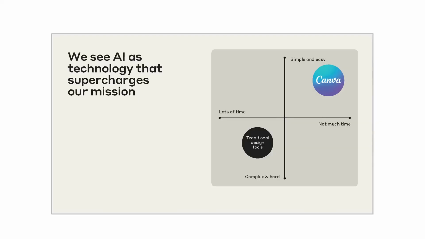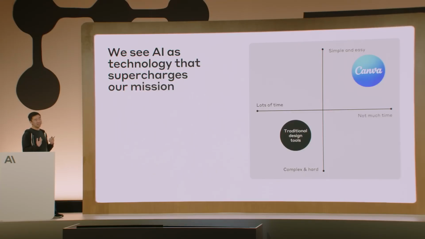And the thing about AI is that we really see it as something that absolutely supercharges the core premise of what Canva was built to do, which is to allow everyone to make designs really simply and really easily, and make it take less time instead of being time-consuming and tedious, so that you create amazing outputs really, really quickly.